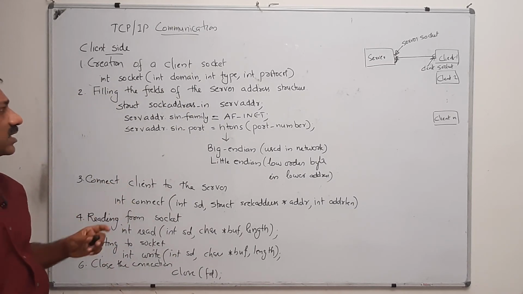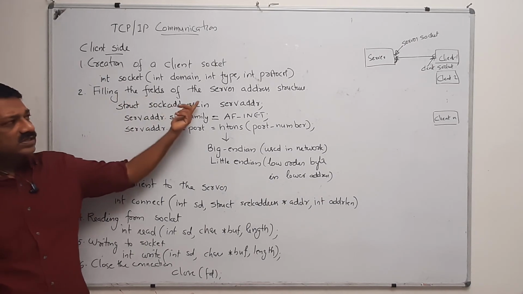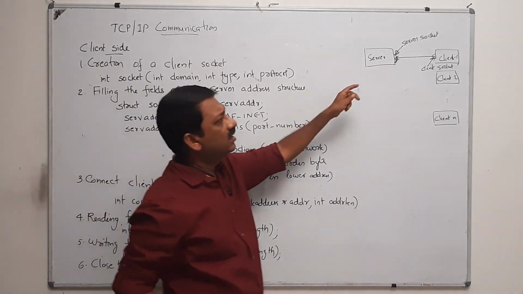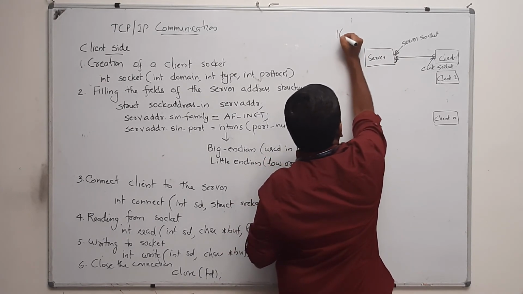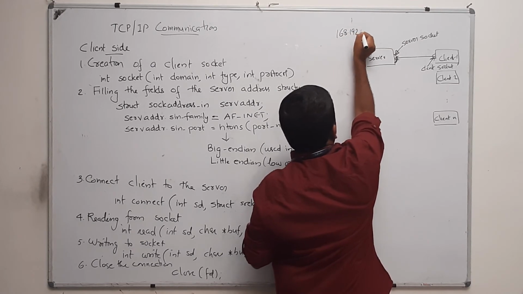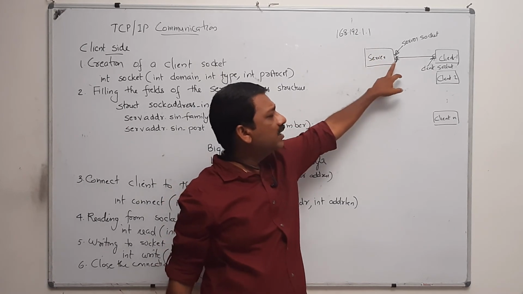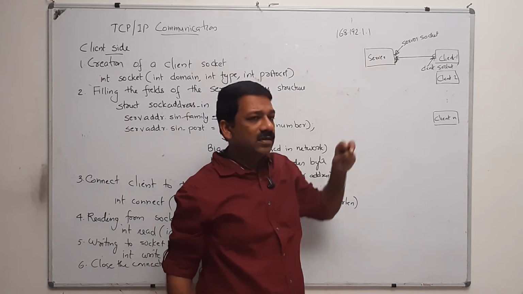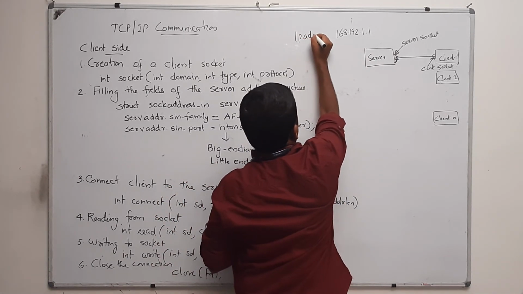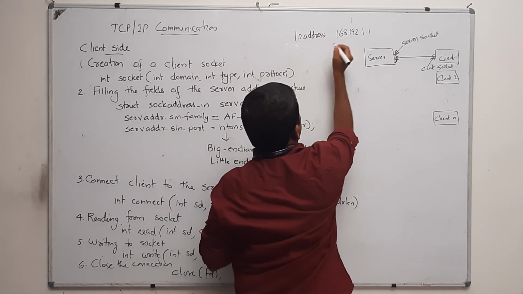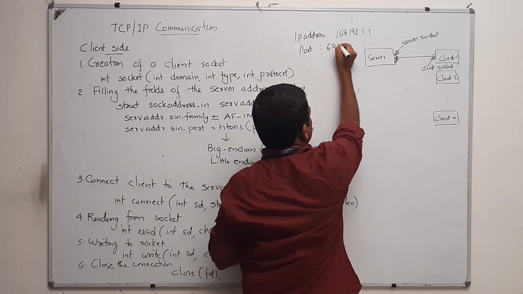Once that socket is created, the next thing you have to do is fill the fields of the server address structure. Here, this server has got an IP address. Say, for example, suppose that the server is having the IP address 168.192.1.1, and suppose that it is a file server. A file server may be running on a port, say 6000.